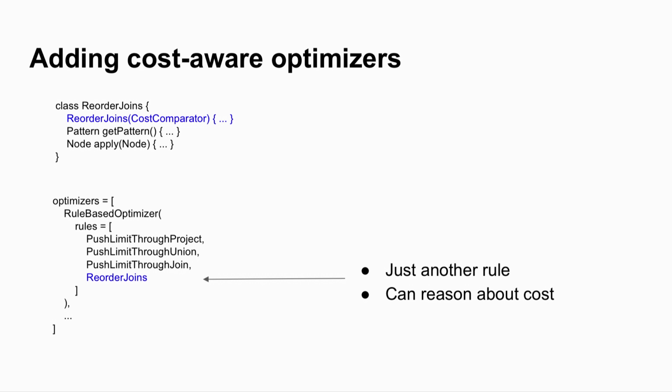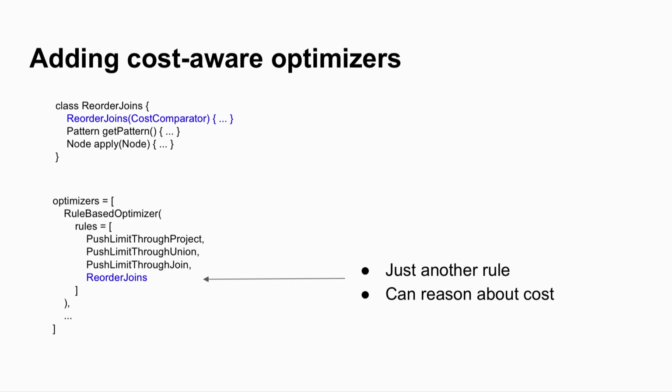And so this is what Camille is going to be focusing on, specifically the cost-based optimizer. What we added over the past year or so is the ability for these rules to reason about cost. We implement cost-based optimizers as regular rules that the framework knows how to walk and evaluate patterns.